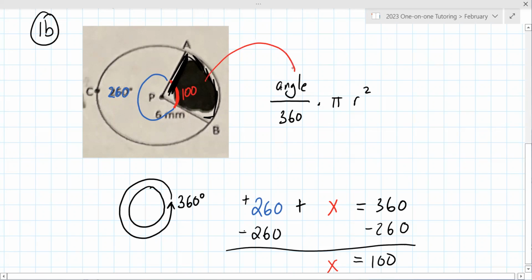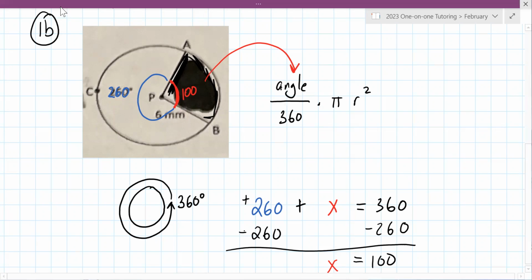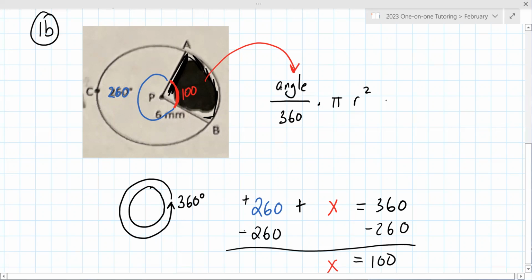That's the number that goes here. 100 is the angle of the shaded region. Okay. So what is the angle measure? The angle measure is 100, 100 out of 360. What's the radius?